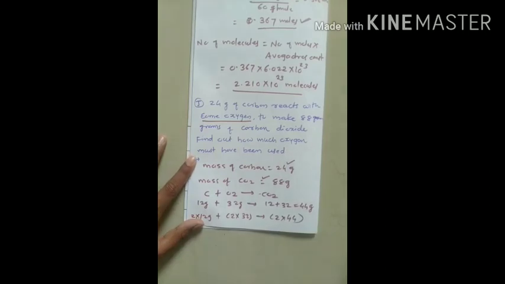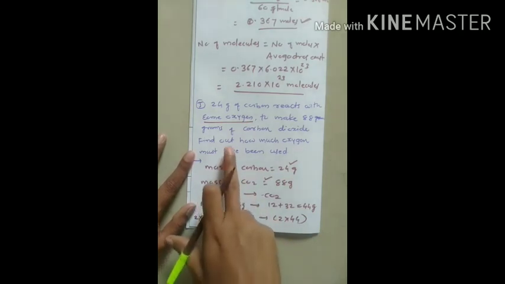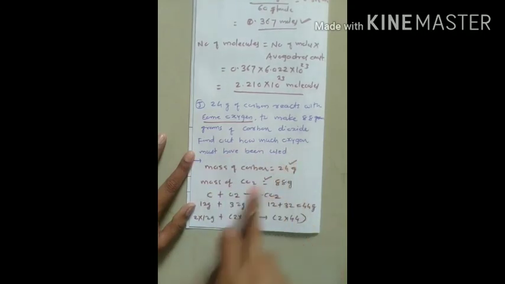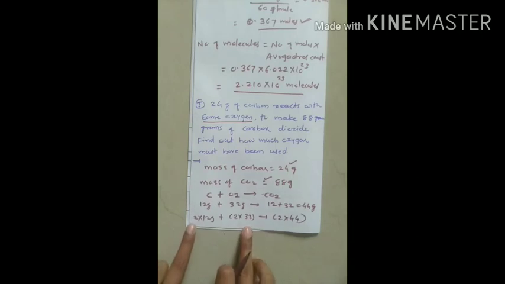Okay, so let us solve this. Once we solve it, we will get the quantity of oxygen, and that is your answer. The question is to find out how much oxygen will be there. If you follow the law that mass of reactant equals mass of product, we will automatically get the quantity of oxygen that must have been used in this reaction.